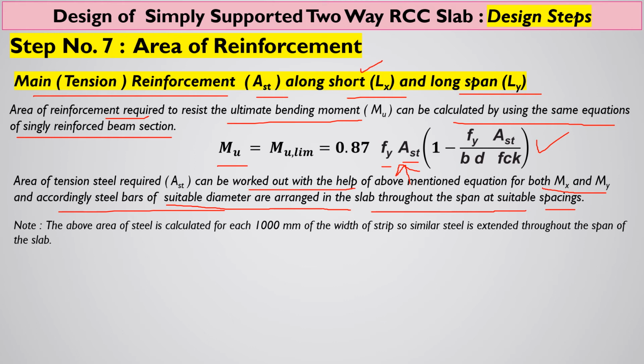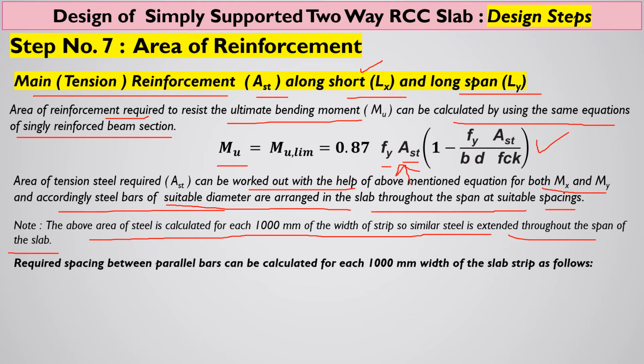Now here one thing we have to note down carefully, that whatever area of steel we are able to get here, that area of steel is calculated for a 1000 millimeter strip as already mentioned. So similar steel is extended throughout the span of the slab in both directions, along shorter span as well as along longer span.